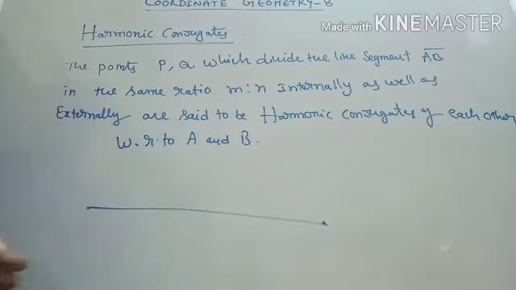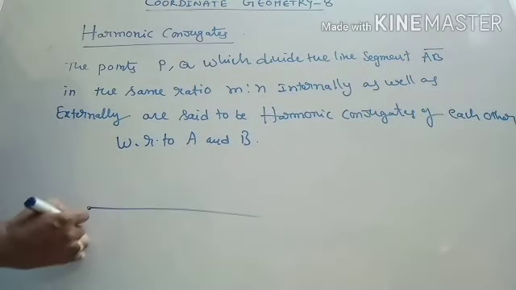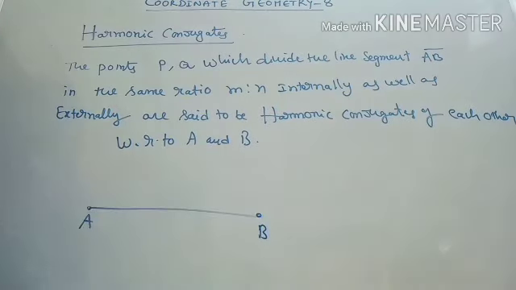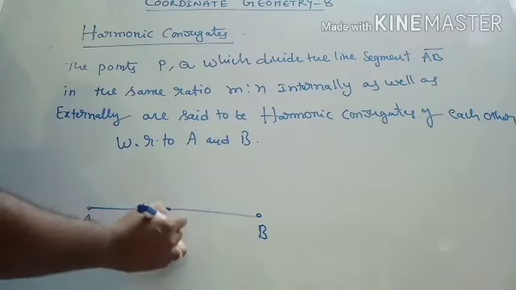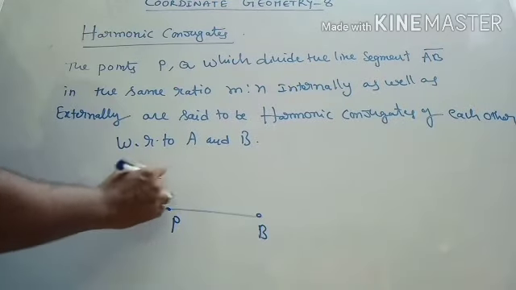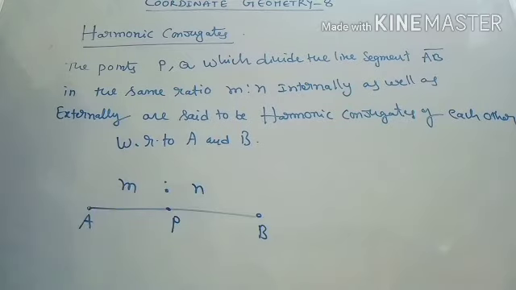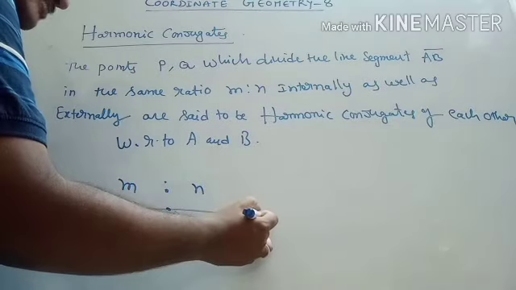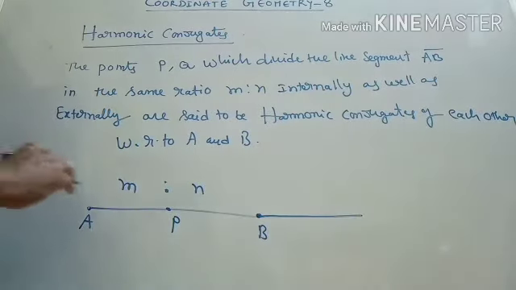Whenever we have a line segment, see here, a line segment with A and B like this. Now suppose P is a point dividing this AB internally in the ratio m is to n. And we know external division. External division means the extended line segment of AB.